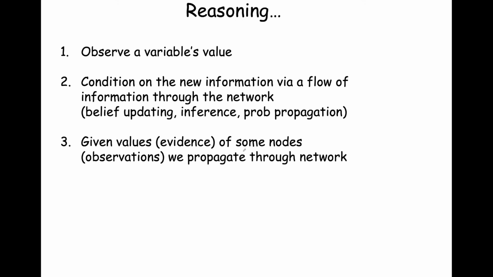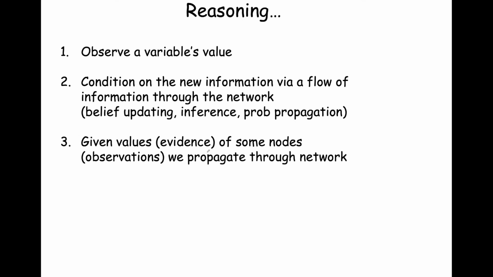And so how do you do reasoning? Well, you observe the value of a variable, and you condition on this information via a flow of information through the network. This might mean updating the beliefs or the probabilities. You could use them to perform inference, to sample and then compute statistics over the data, or you can propagate probabilities.